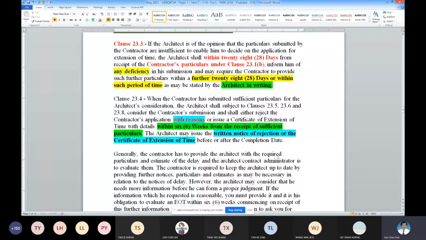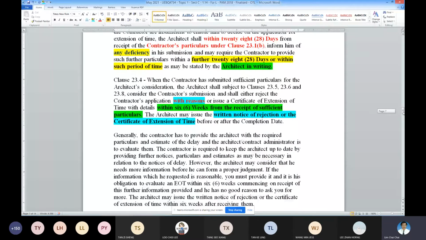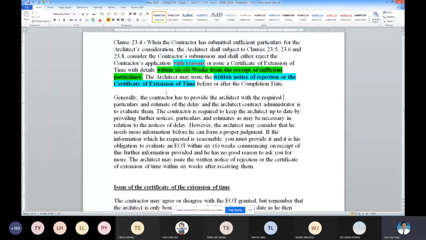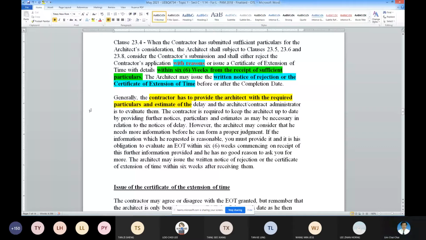So in order for the architect to evaluate properly, this is what the contractor must do. That's why I say the working program or revised working program is very important. When you submit your extension of time claim, the contractor must support it with the working program of the day. It means, let's say your delay is in March.